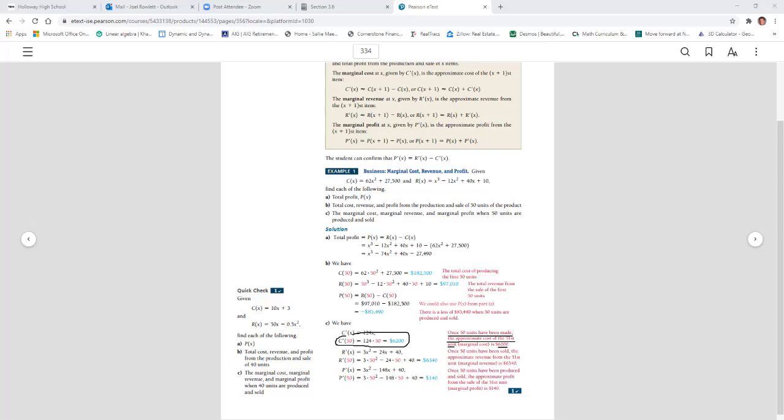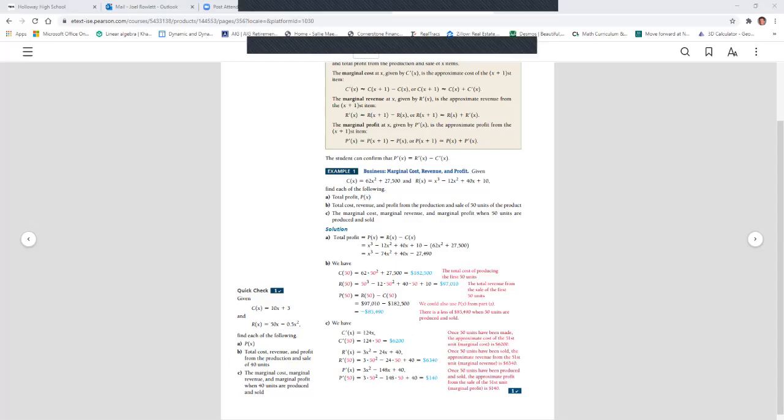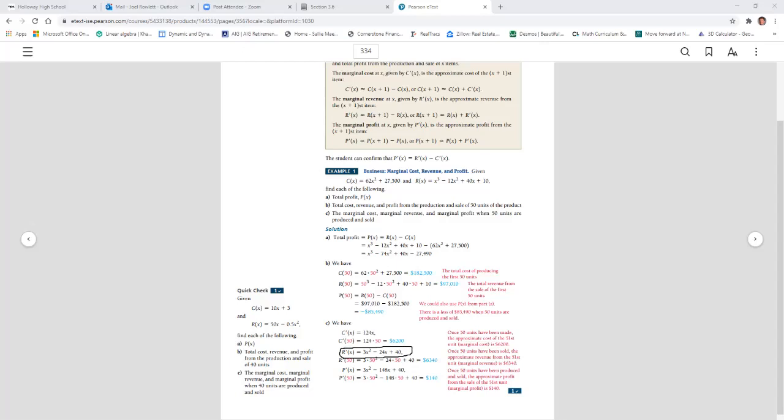What about the marginal revenue? To get the marginal revenue equation, just take the derivative of the revenue equation. And again, this is just power rule. The derivative of x cubed is 3x squared. You're going to subtract from that the derivative of 12x squared, which is 24x. The derivative of 40x is 40, and then the derivative of 10 is 0.